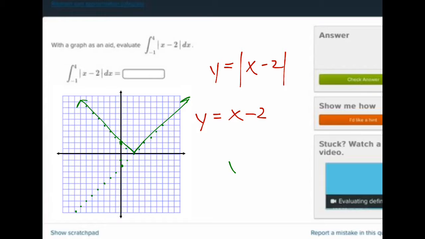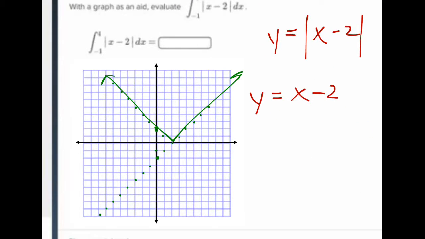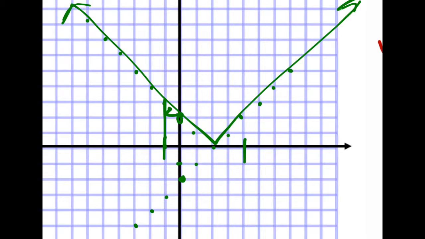Now let's interpret this. The area from -1 to 4. I'm looking for this area here. Well, I have a triangle 3 by 3 and another 2 by 2.